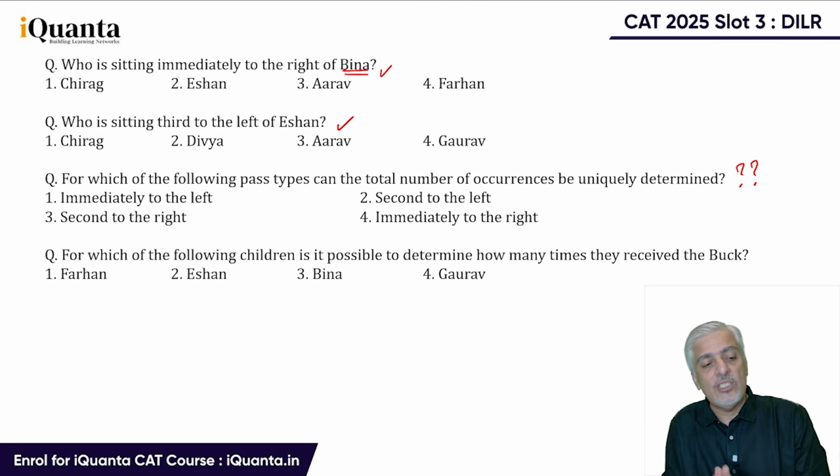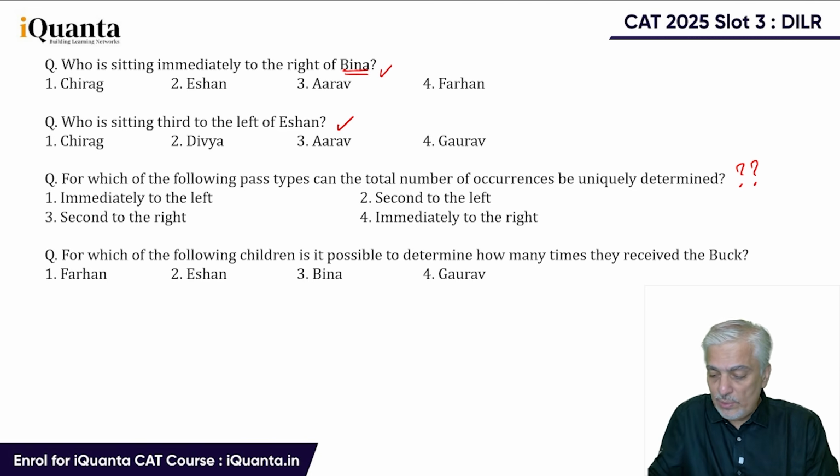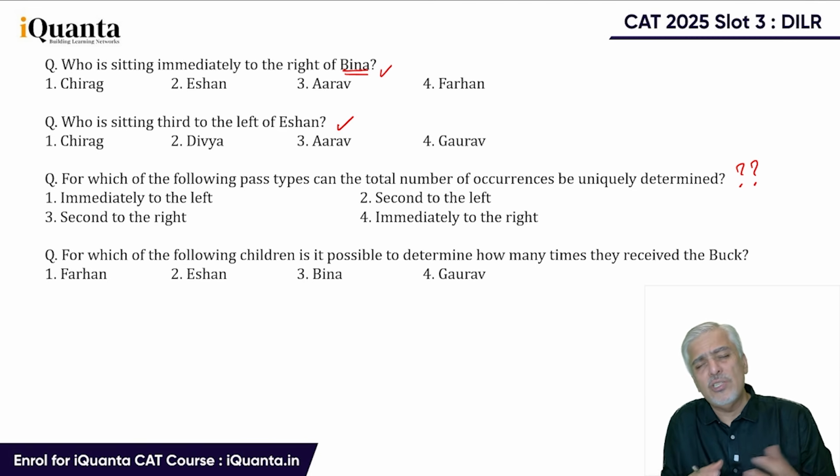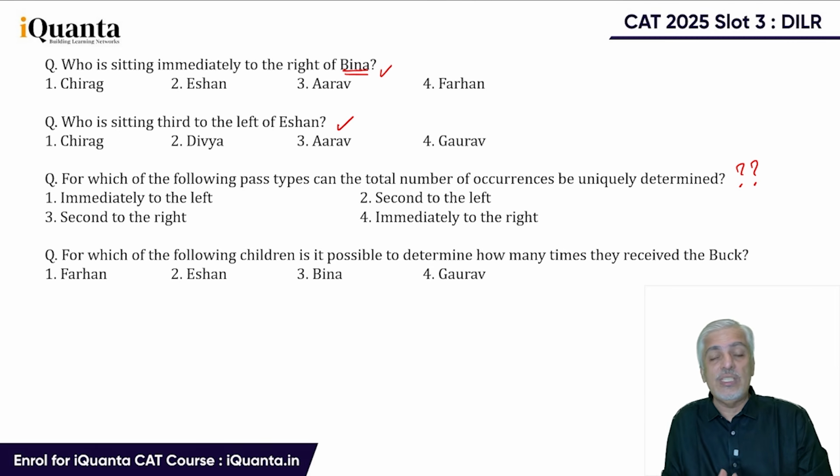For which of the following children is it possible to determine how many times they received the buck? That means, for the missing values in the table, which person out of these 4 do we definitely know things about? Great. So the first 2 questions look very straightforward. The third and fourth, maybe not as straightforward, is my feeling.